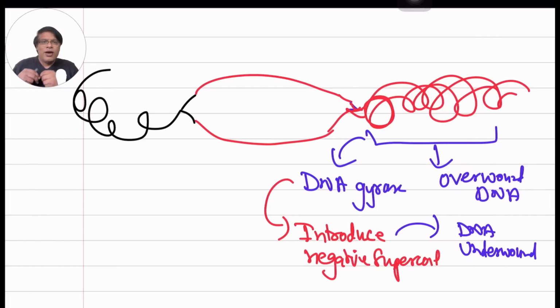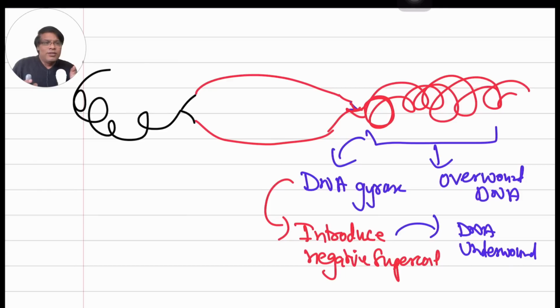So when the process of transcription or DNA replication is going to occur, if the two strands of DNA are overwound, the cell can't separate both strands easily. So what is the strategy?